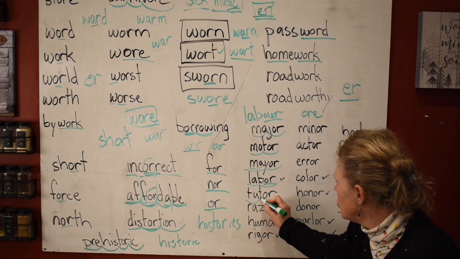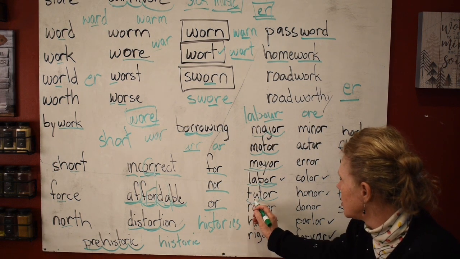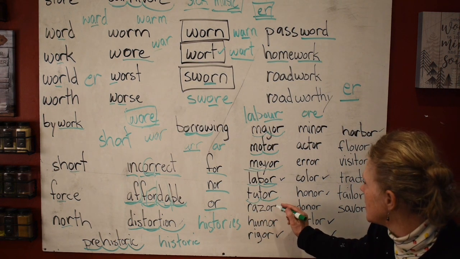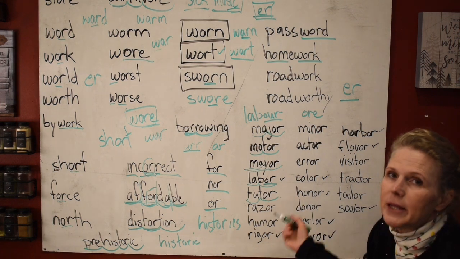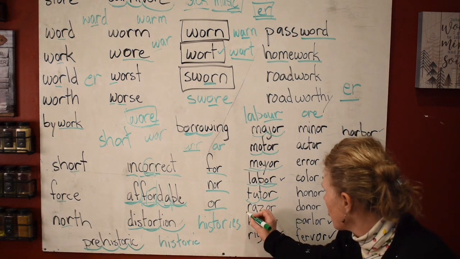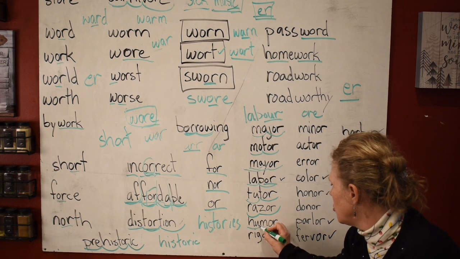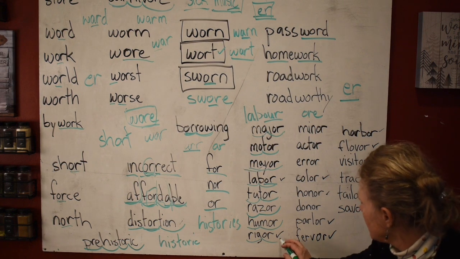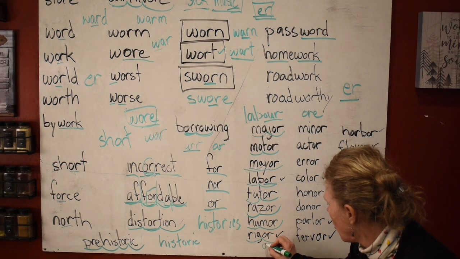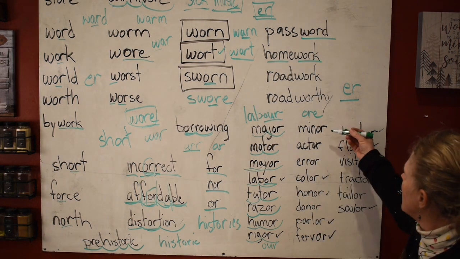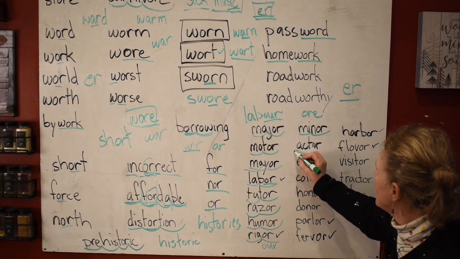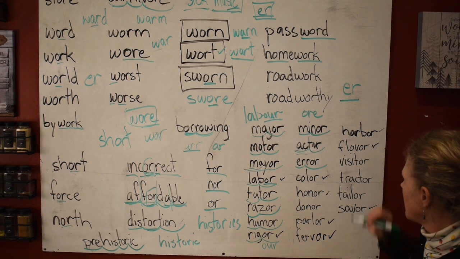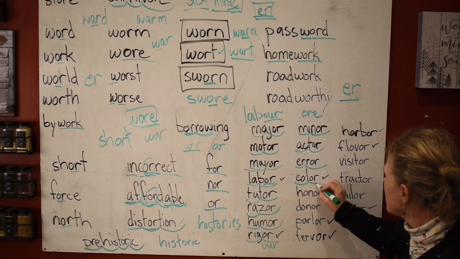This says tutor. See how tutor. So see, it happens in multi-syllable words, and if you see OR at the end, it's going to say "er." Razor, humor, vigor. Now, see, this one, British English is O-U-R. Minor, actor, error, color.